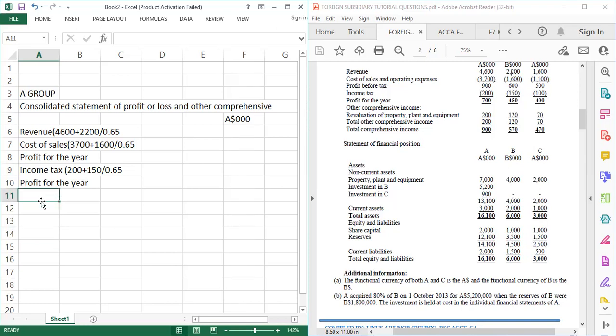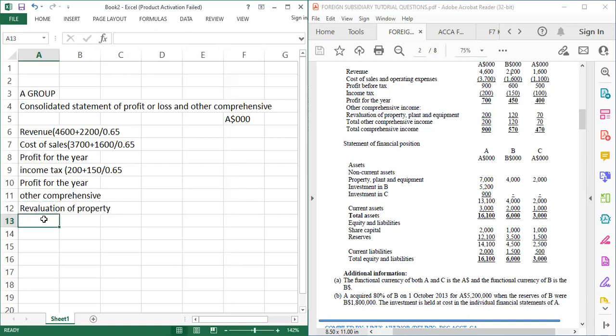Let's come to other comprehensive income. I want to show how we share the profit, but let's move on. Other comprehensive income: revaluation of property, plant, and equipment.